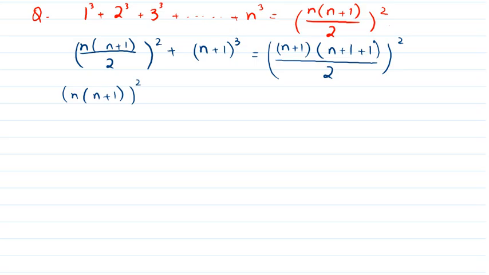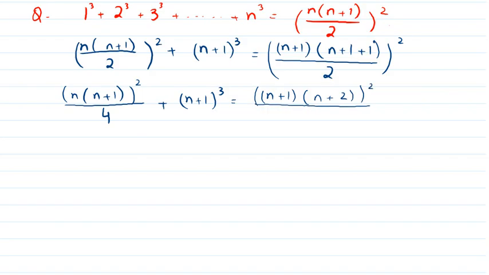I'm taking the square of the numerator and the denominator separately. What I'm going to have at the denominator is basically 2 square, so 4, plus n plus 1 cube, and the same is the case here, n plus 1 times n plus 2 whole square divided by 4.